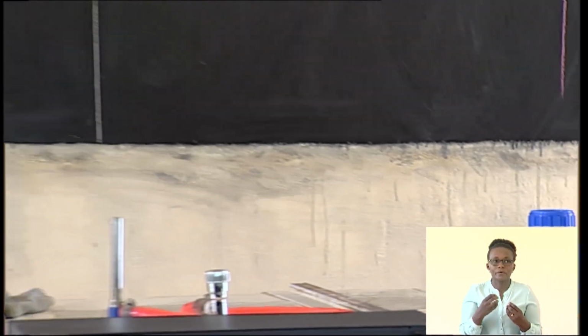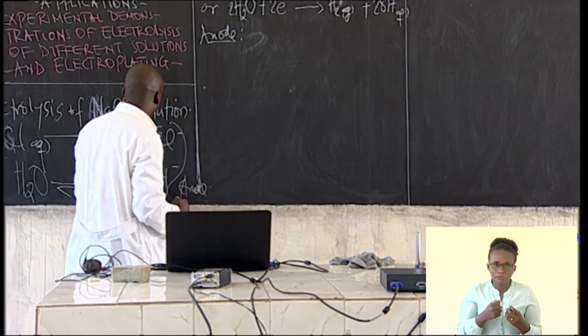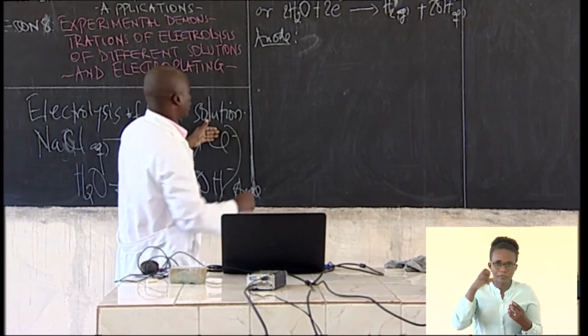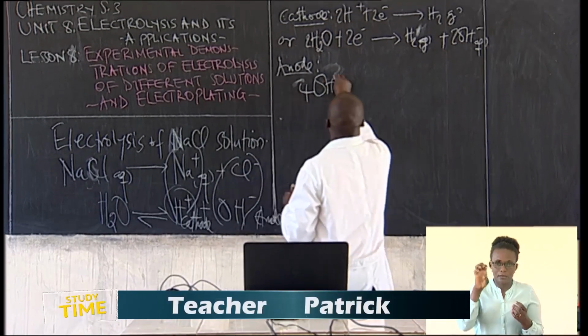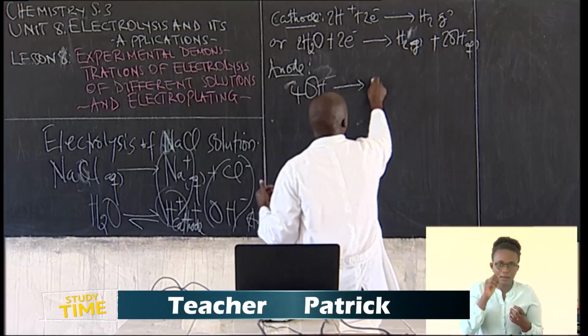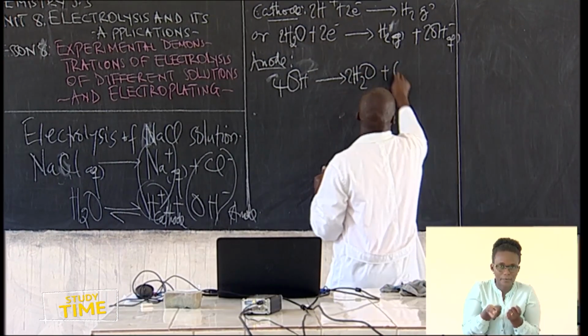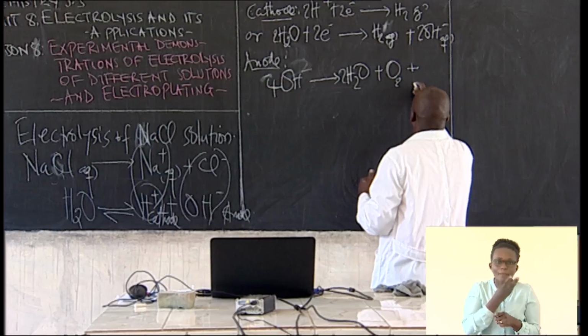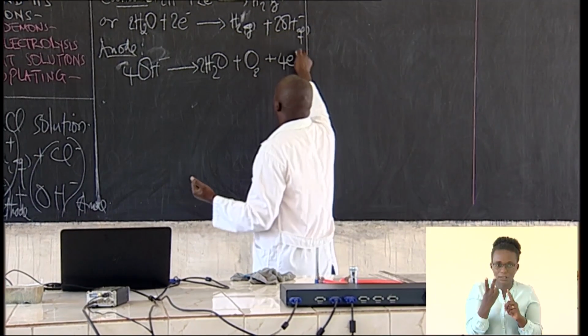So at the anode, we had the OH and the chloride ions. The OH ions, as we had discussed earlier, are the ones losing electrons to form the water molecules, plus the oxygen gas, and then plus 4 electrons.